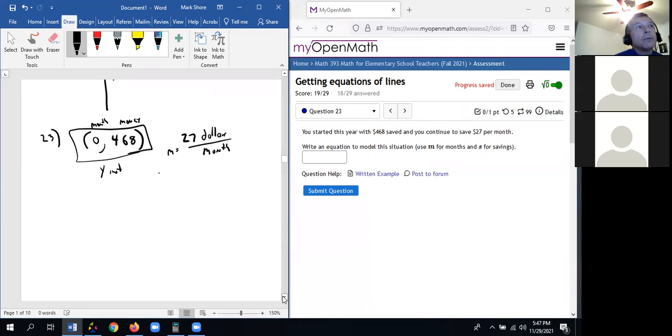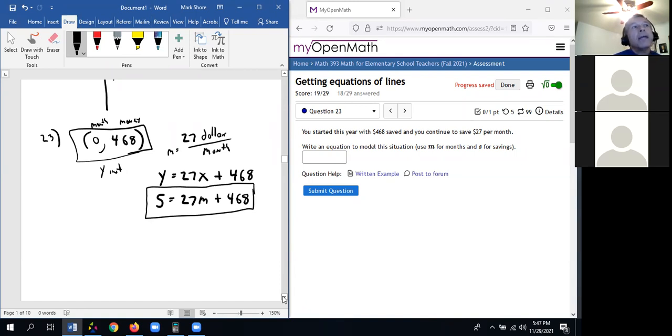So your equation would be y equals 27x plus your y-intercept of 468. See, if you think about it, well, here, let's put in the variables that they want. Your savings, y, so I'll just use s for savings like they said to do, 27 times the number of months plus 468. So, for example, how much do you have saved at the start? It says $468 right here.